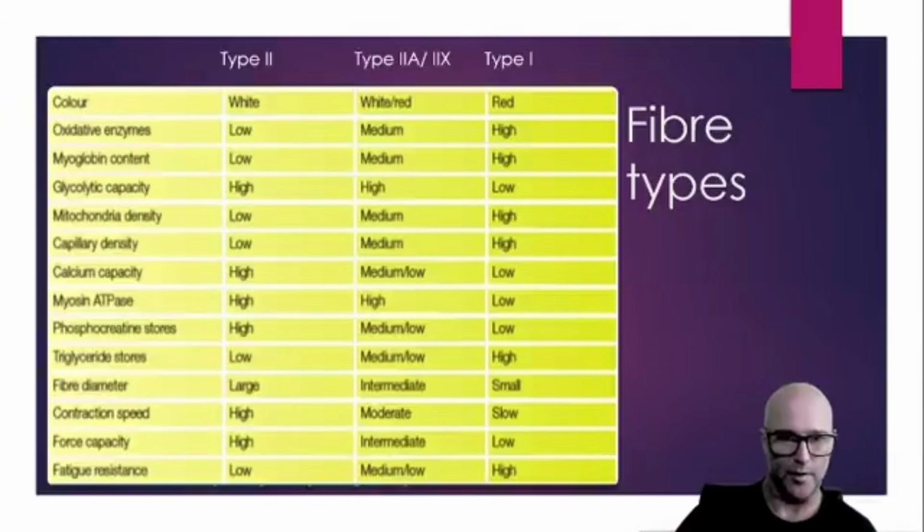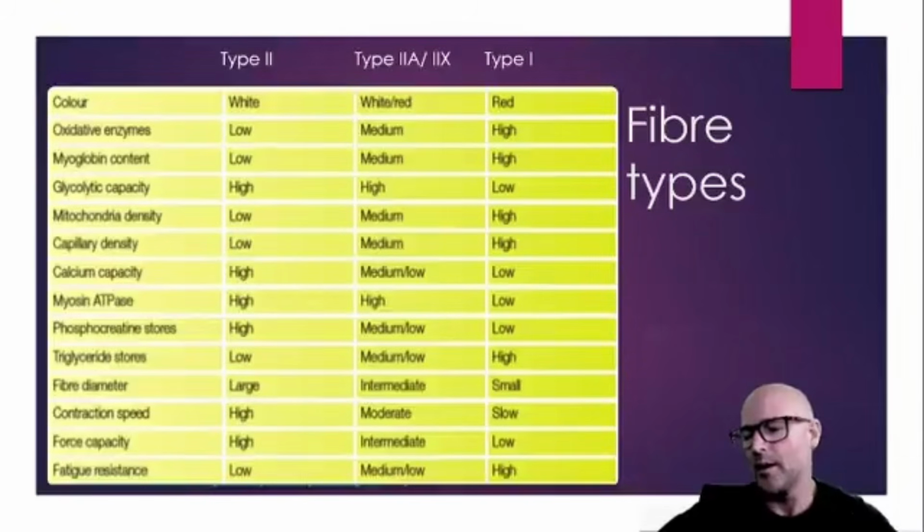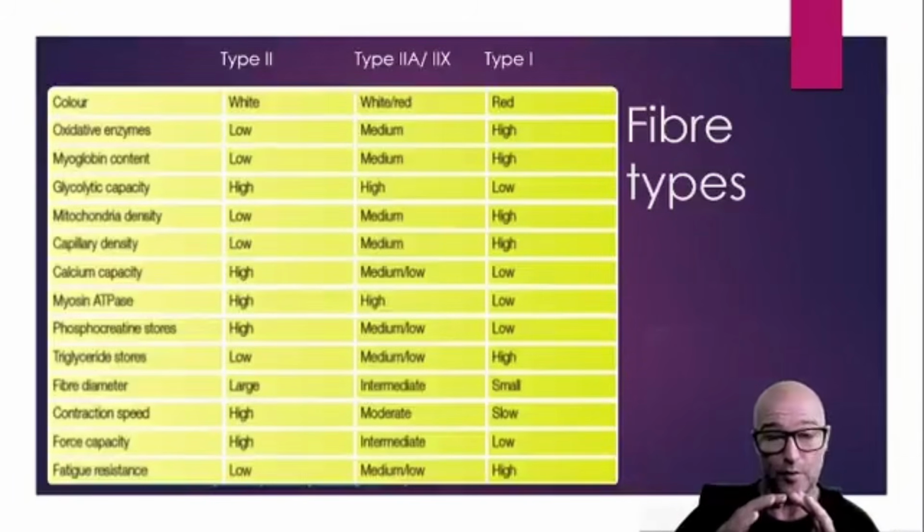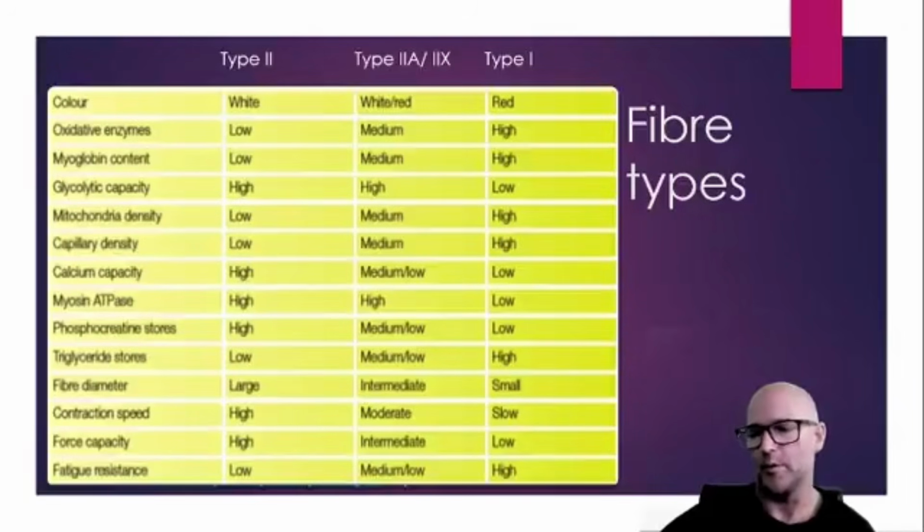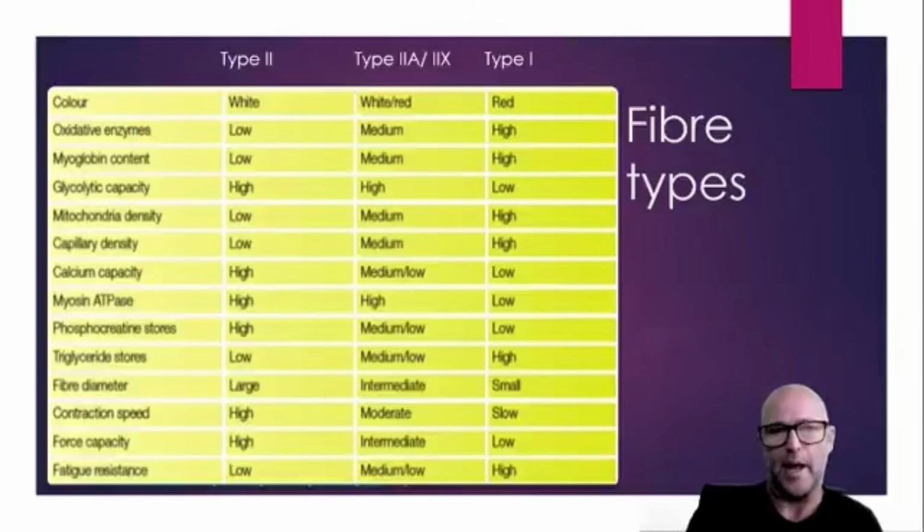So that's a way of not only moderating the contraction rate, but also the force, because type 2A, 2X, and 2B fibers are also much bigger in cross-section. They're much more powerful, they're much stronger. They are able to overcome much larger resistances, and so they are also recruited when you're picking heavy things up, as well as when you're picking up light things and you want to do it quickly. So that's kind of how all of that pans out.